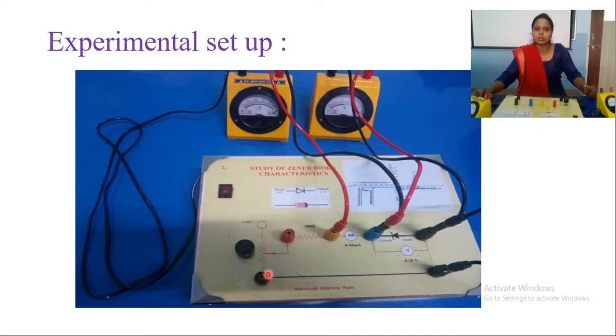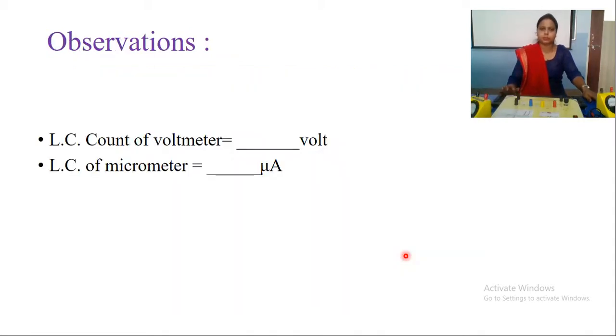Means reverse has to be done. So battery positive goes to the Zener diode negative, like this. This is the way. It is getting connected over here with the negative terminal. Now this is battery negative. This battery negative will connect to the Zener diode positive. In this way we have connected this. This is the experimental setup.